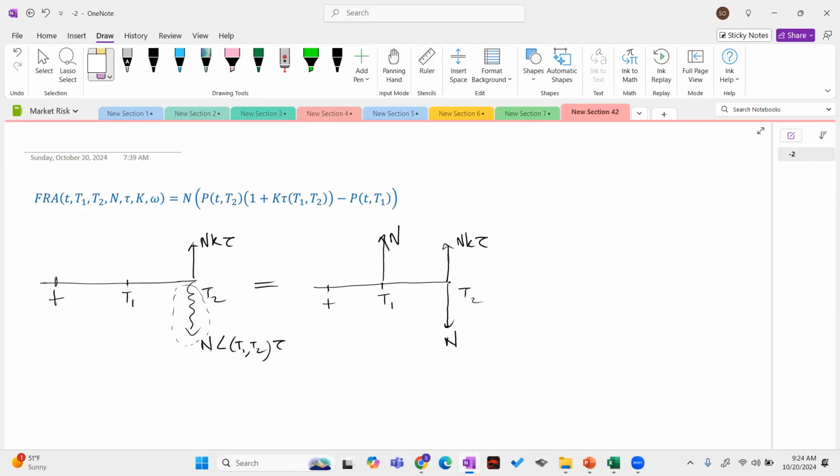Hold on, let's think. Outflow would mean a bigger outflow. So this is how you need to remember between inflow and outflow.